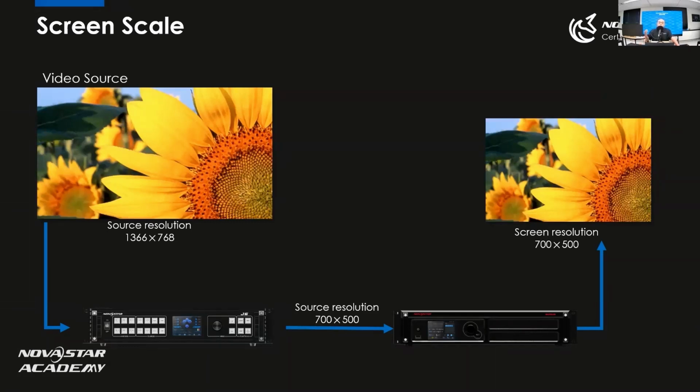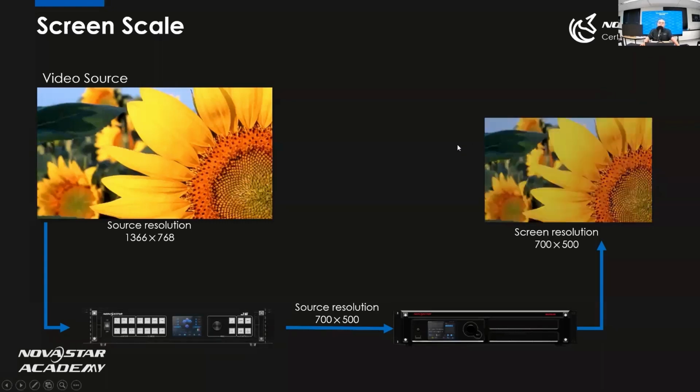But because we change the resolution from the original one to the screen resolution, sometimes the ratio of the image is also changed. So we normally suggest that if we need to scale, whether zooming up or down, it's better to keep the ratio of the original image, like always keeping it as 16 by 9 or 4 by 3. This is our suggestion.